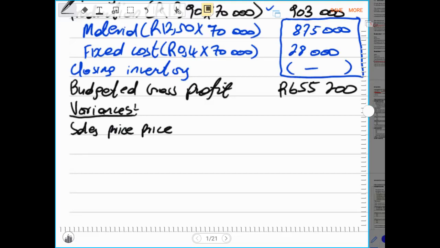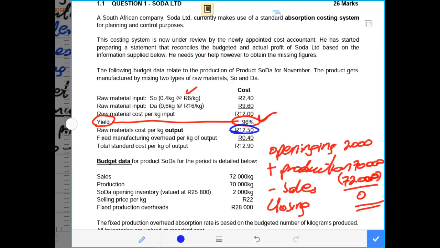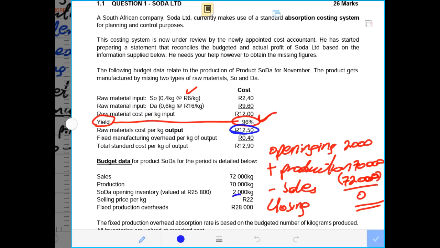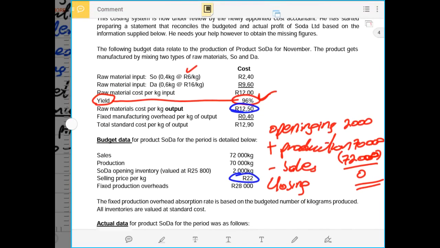Remember, we only had one product, so it's very easy. We take our actual selling price, which is 23 rand, and minus our budgeted selling price of 22 rand, and we multiply this by the actual sales. If I still remember, my budgeted selling price was 22 rand; there we can see the 22 rand.